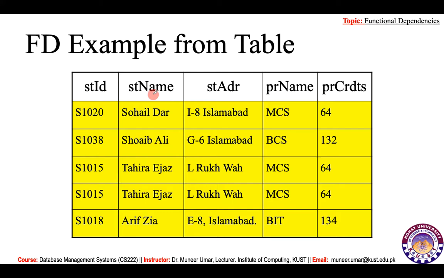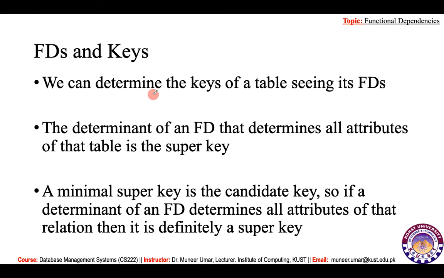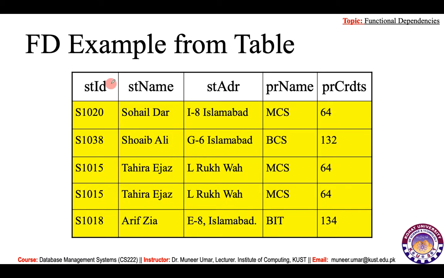So it would be quite easy for us to get the keys from this table once we know the dependencies among these attributes. The determinant of an FD that determines all attributes of that table is the super key. Now, in this case, student ID is a super key because it determines all these attributes. So, once we know this fact, then we can easily identify the super key.